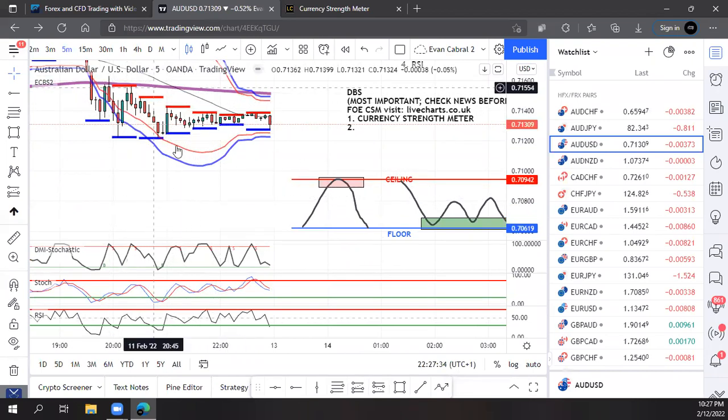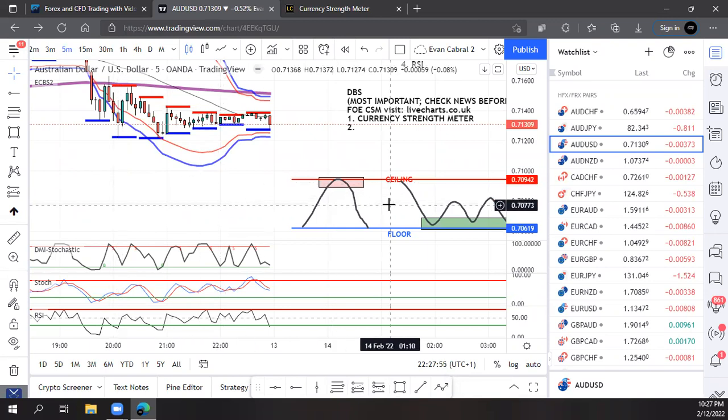Can anybody point it out? If you know the similarity, the red and blue pivots as support and resistance. That's correct.